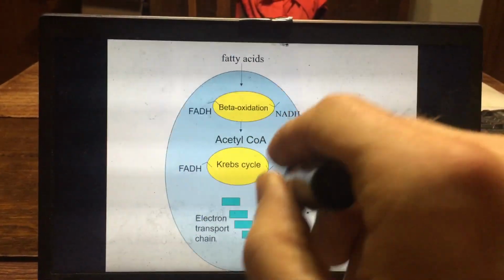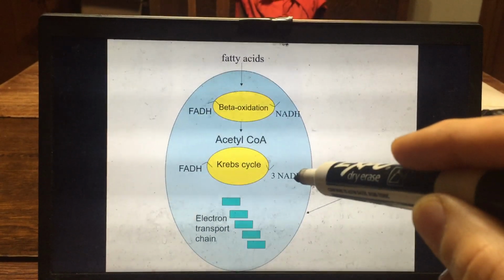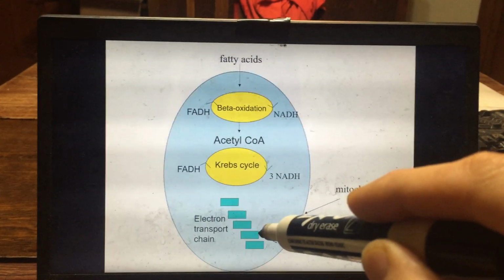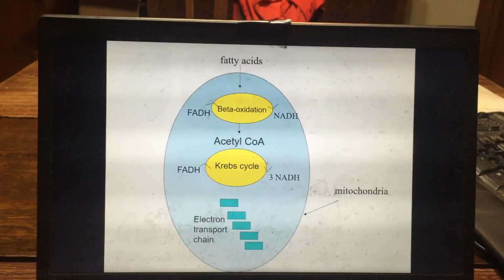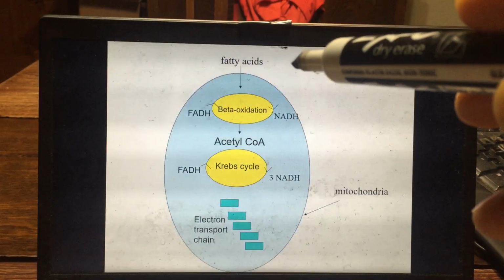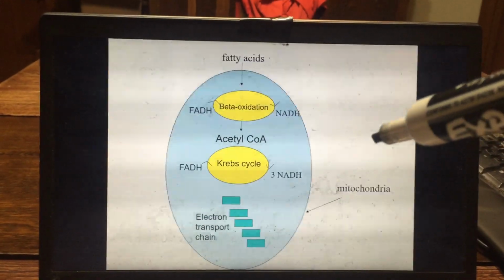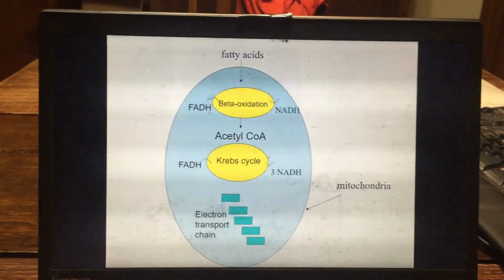And then you get these multiple rounds of Krebs cycle where you get 3 NADHs and 1 FADH per round, again going to the electron transport chain to produce ATP. So from the breakdown of one fatty acid, you can get quite a high number of ATP, quite a bit more than one molecule of glucose.